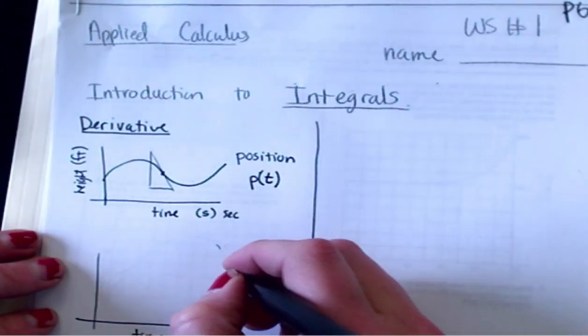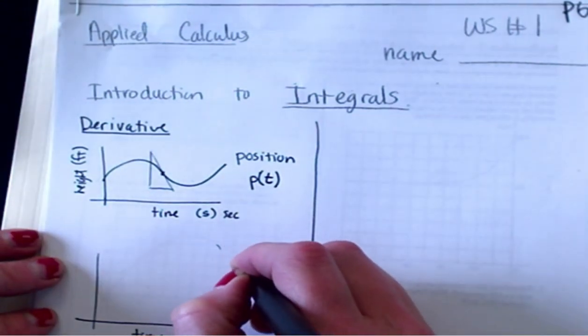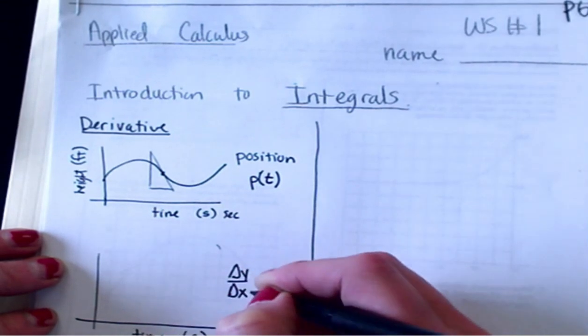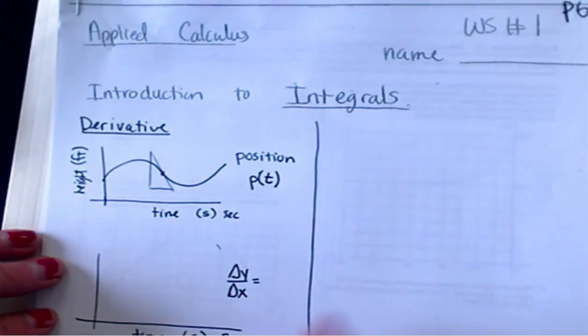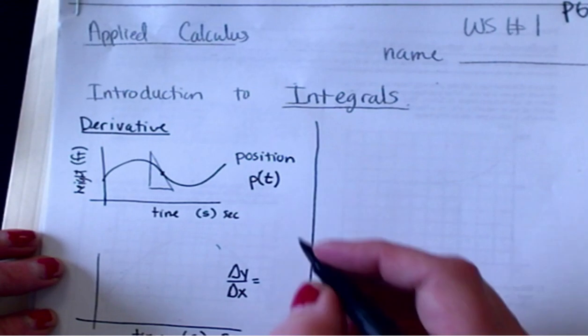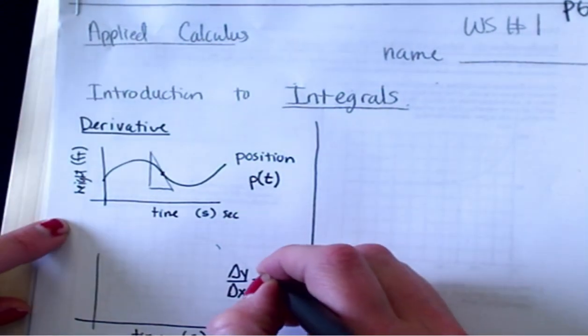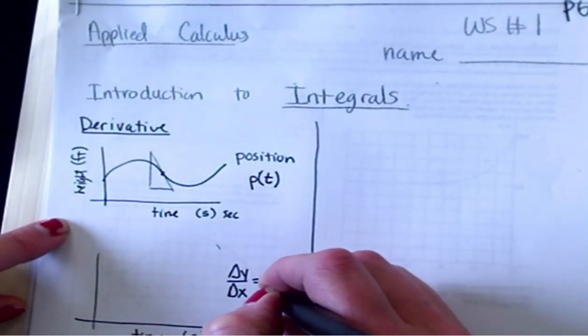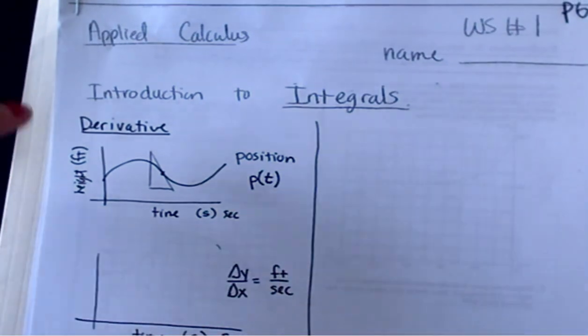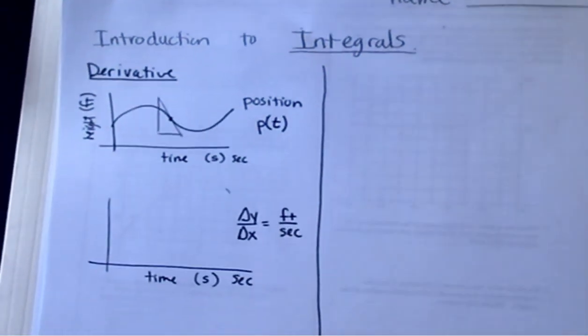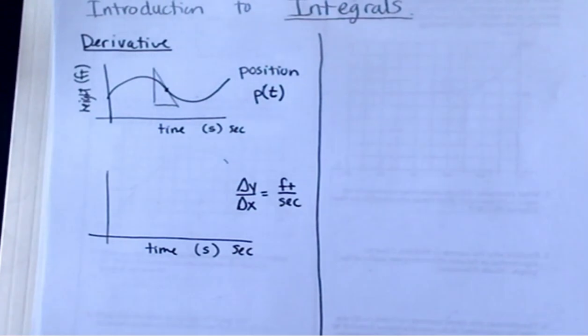So we usually get change in y over change in x, but we're going to do it with the units in this graph. That would be feet per second, right? Look at the units. It's just the y units over the x units. That's feet per second. Can anyone tell me the actual quantity that describes feet per second?